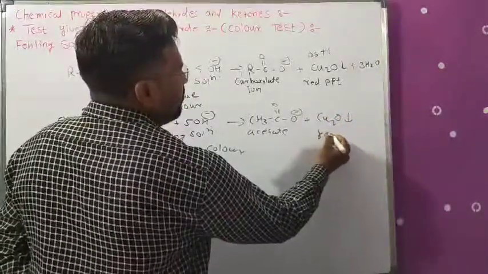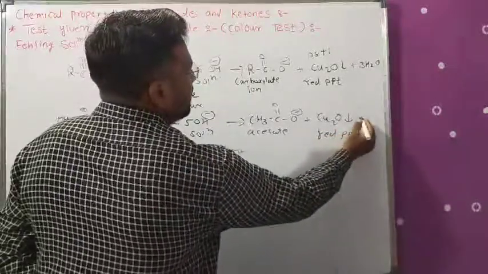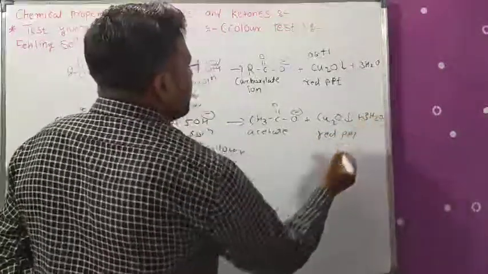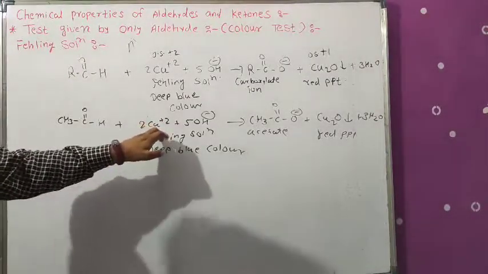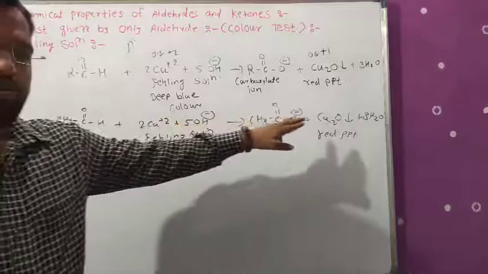A red ppt of cuprous oxide is formed. Okay, in this reaction the oxidation state of copper is reduced from +2 to +1.